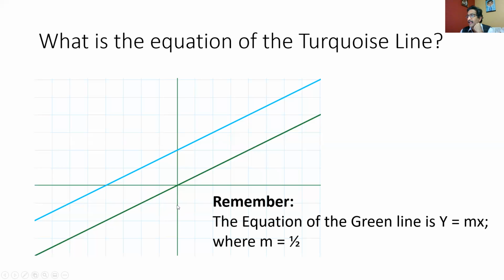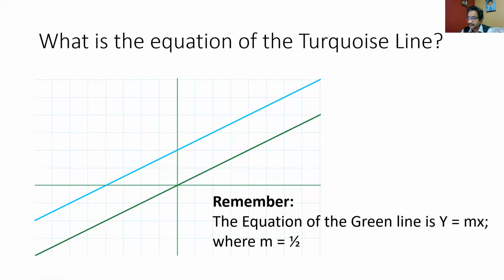Or given x is equal to 4, you can compute using y is equal to mx, and y is 2. But I want you to get y is equal to 4. How will you get that?